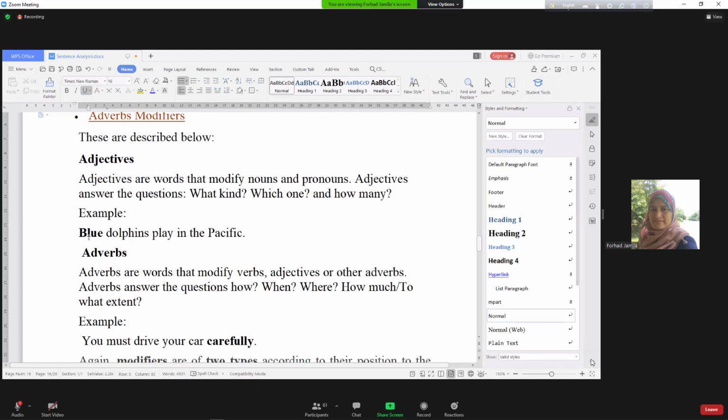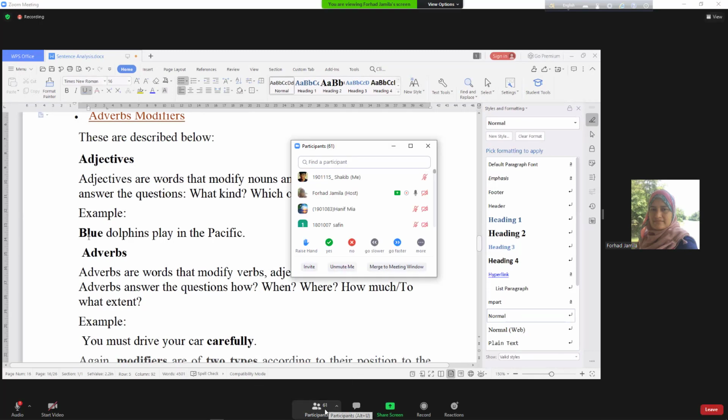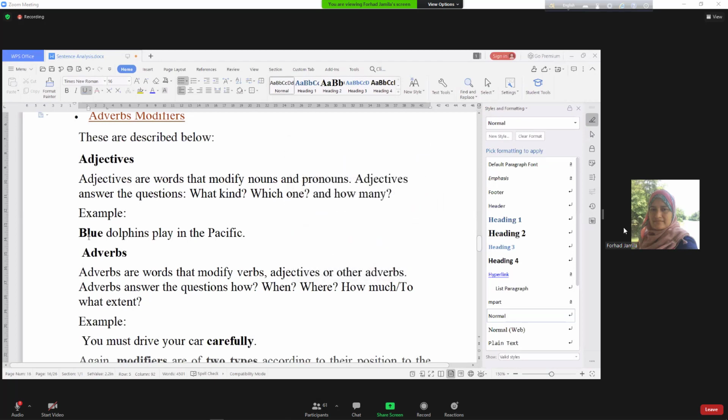Or describes what? The man. A man. The word man, noun. So this is an adjective phrase. So this is also a modifier. Okay. A phrase can also be a modifier.